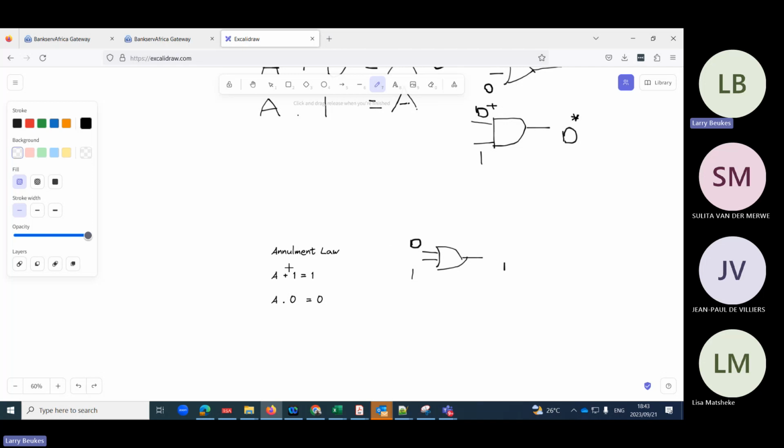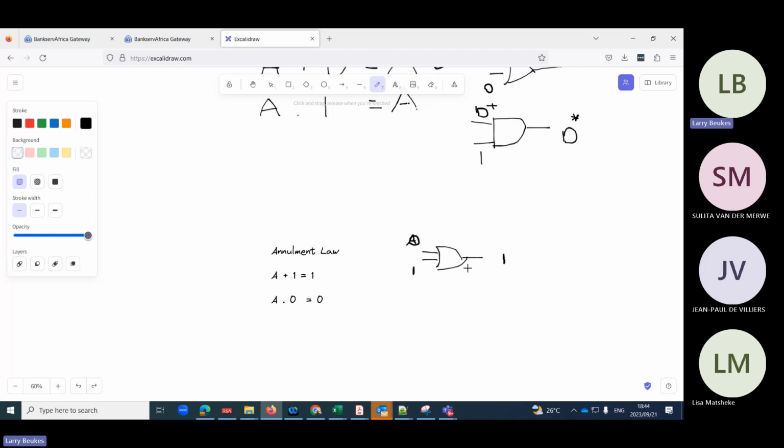So substitute this 0 with the variable A here. Even if we say A and 1, A ORed with a 1 will be a 1, right? This A is a variable, guys. It's a placeholder. So it means this A can be 0.